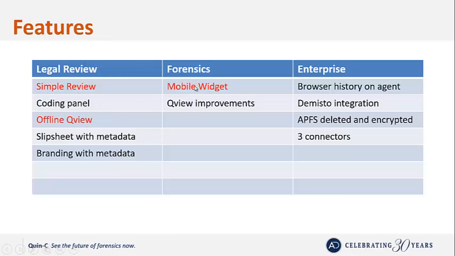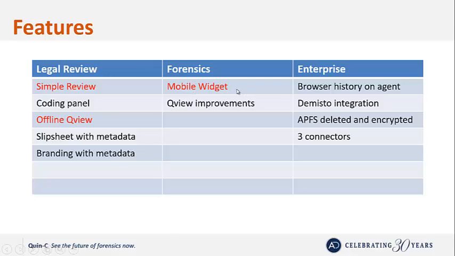The red ones, by the way, are the ones I'm going to demo, but all of them are, I think, reasonably significant. Simple review is one of the most important. We have some improvements to the coding panel, the ability to use QView offline. This is really exciting. We added some pretty cool slip sheet and branding capabilities.